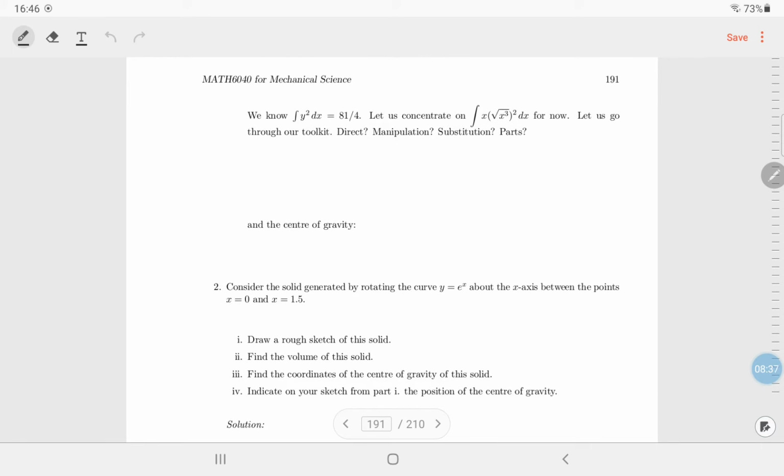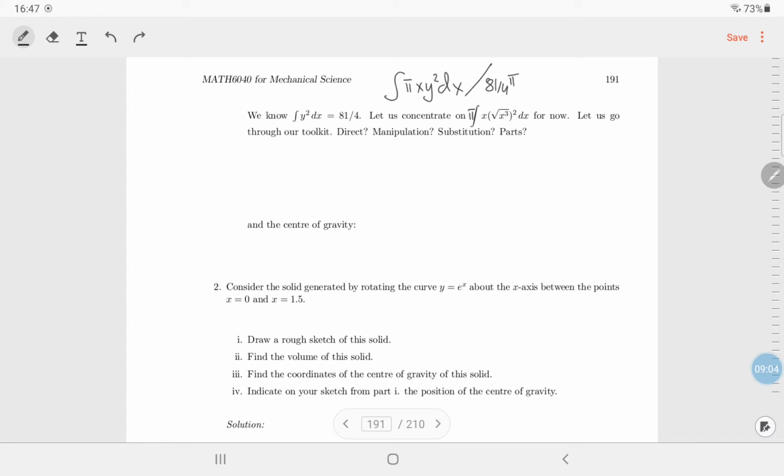So we're looking at the integral of pi x y squared dx, and we can divide this by the volume, which we know is 81 over 4 pi. Fix the pi. There's the x and there's the y squared.